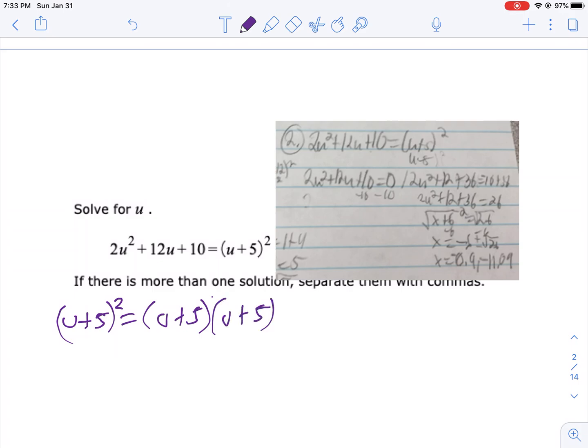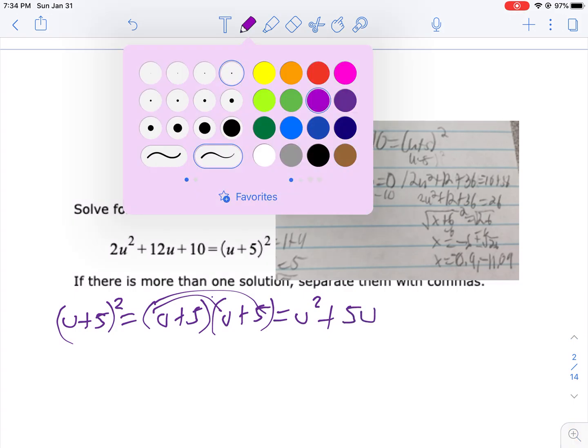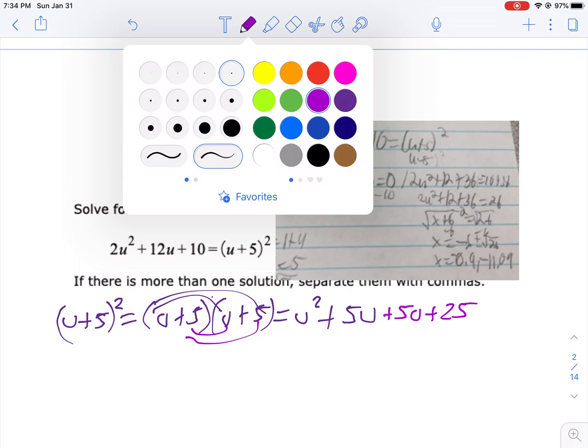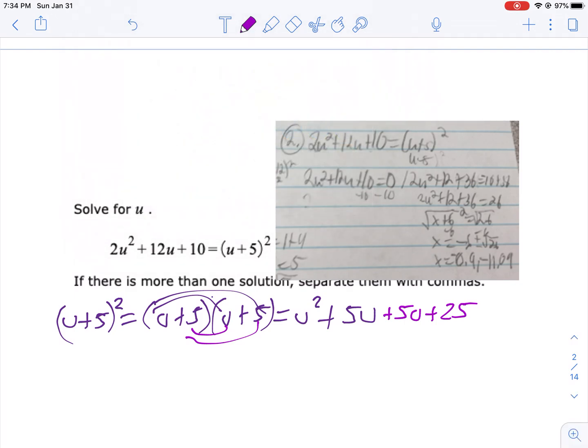Now we'll distribute that. We'll distribute the u to the parentheses. We get u squared plus 5u. Now let's distribute the 5. We have to double distribute this because there's 2 of them. So we'll distribute the 5 and we'll get positive 5u plus 25, which simplifies to u squared plus 10u plus 25.